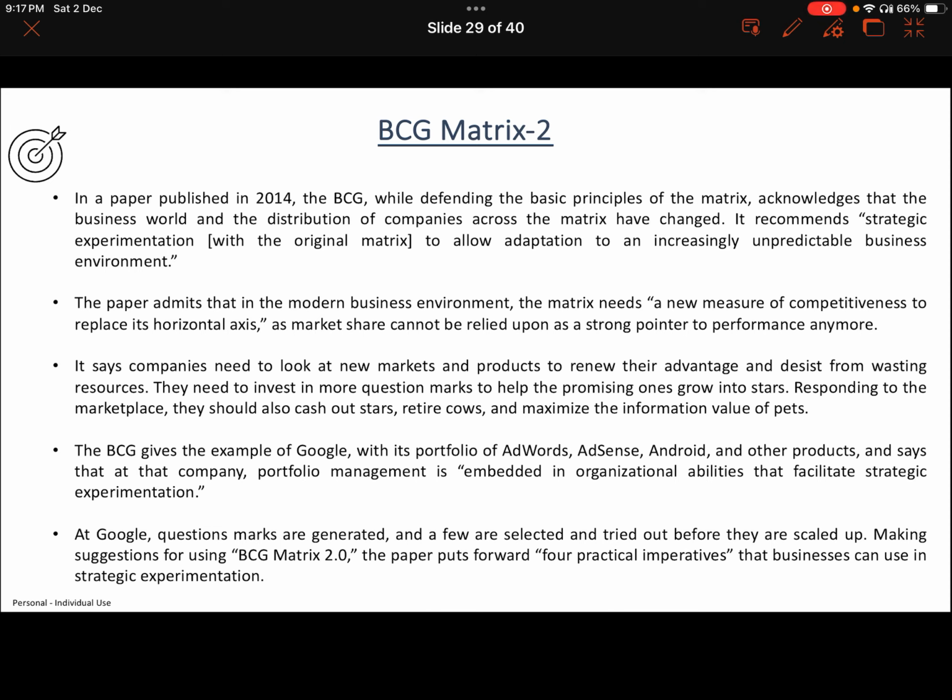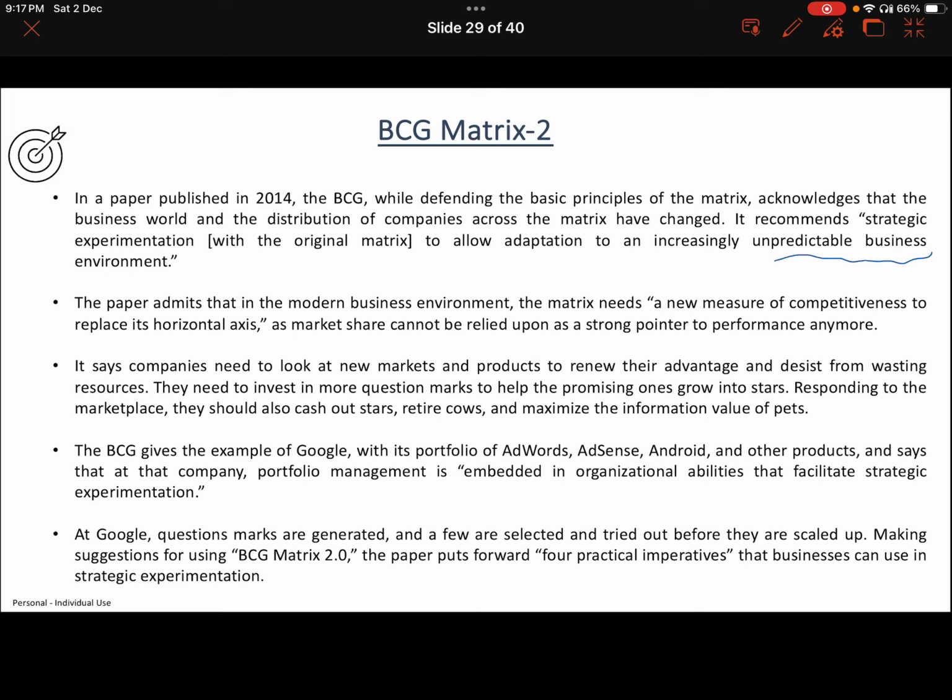In 2014, BCG reviewed it based on all these criticisms and recommended strategic experimentation with the original matrix to allow adaptation to an increasingly unpredictable business environment. So businesses are changing now, and it is important to adapt to a new changing situation. So BCG agreed, and they started strategic experimentation to accept this unpredictable business environment.